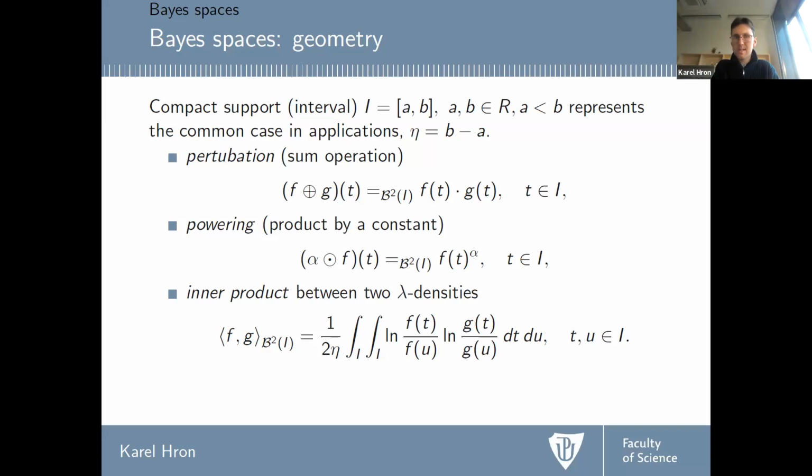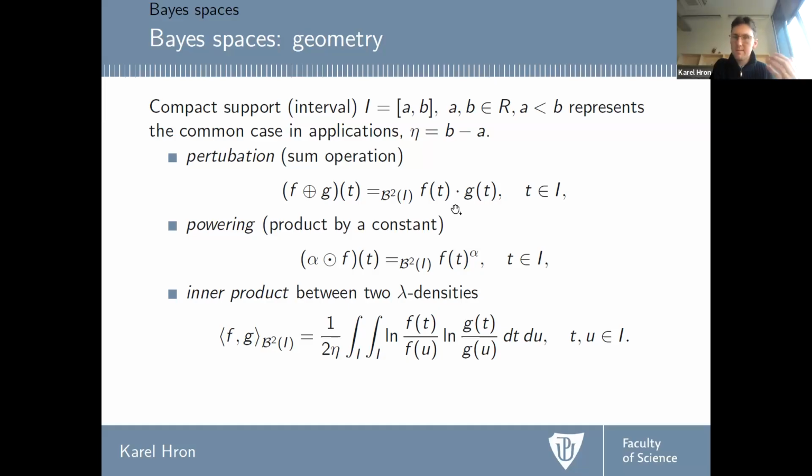These operations are defined instead of the usual sum of two functions and multiplication of a function by a scalar. We can quite clearly see that now, instead of the sum of two functions, we have multiplication. So we have a product of two densities, and then there is this lower index B, which indicates that the result can be arbitrarily scaled.